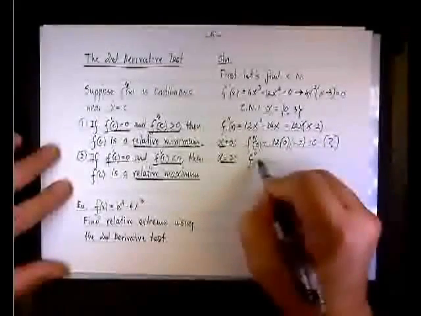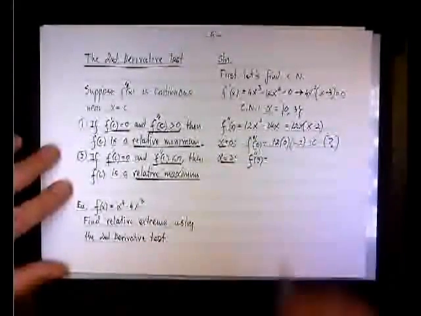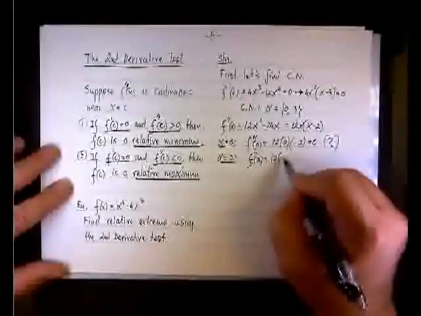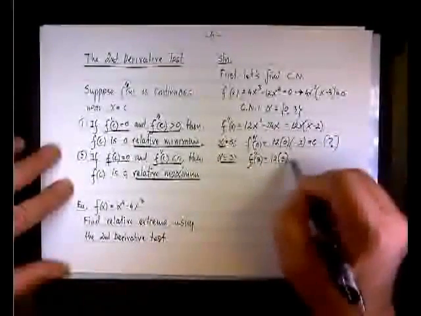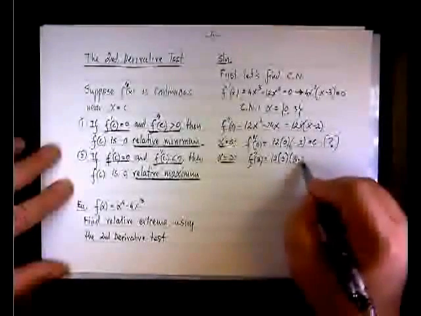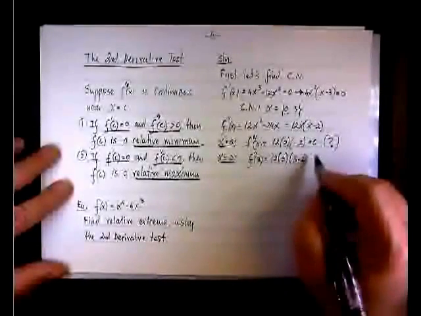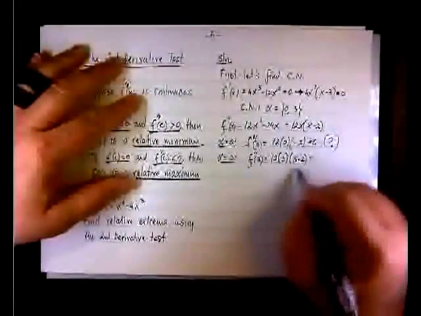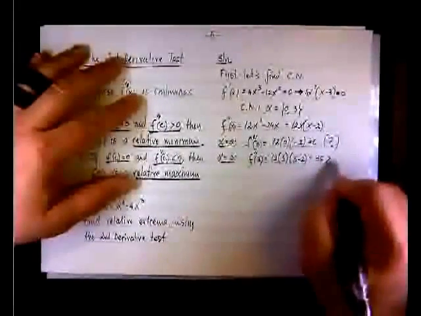That's a little bit clearer. F double prime of 3 equals 12 times 3 times 3 minus 2. So it's equal to 36, right? It's positive.